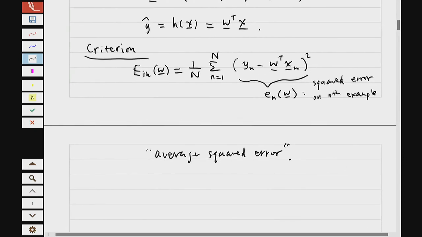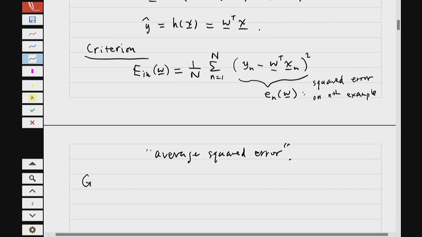So far so good? Everything is nice and simple. We just want to get an estimation that's as close to the true label as possible. Our true label is y_n, that's why we take the difference between them, and the square error between those two.